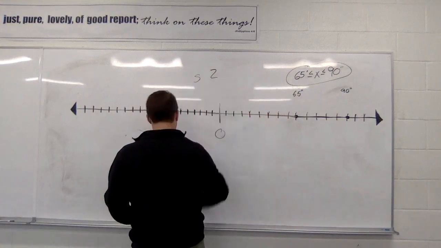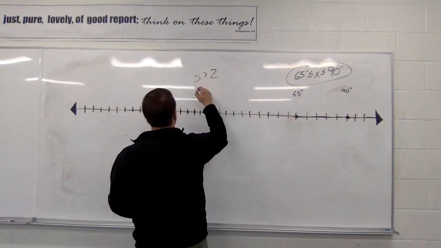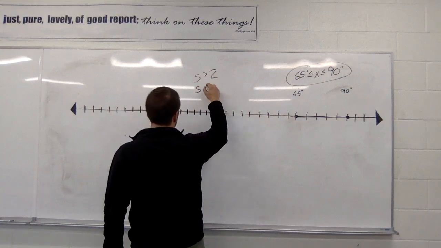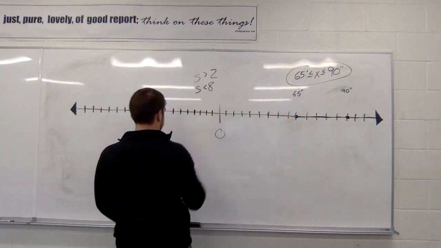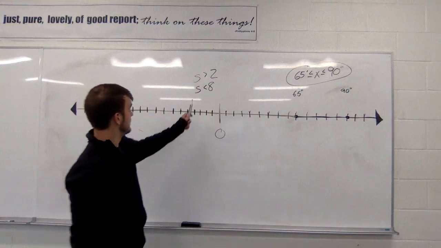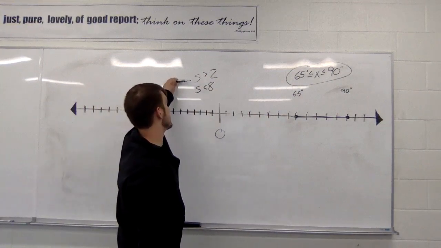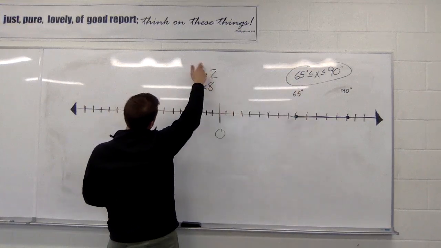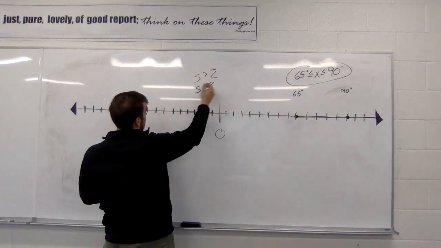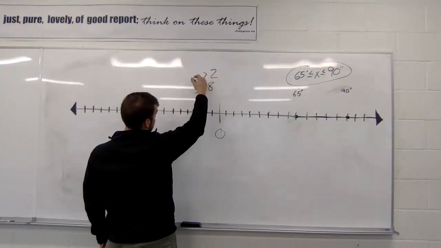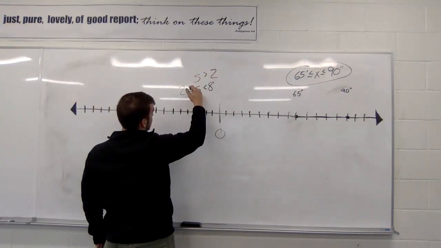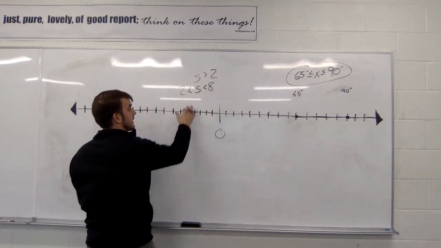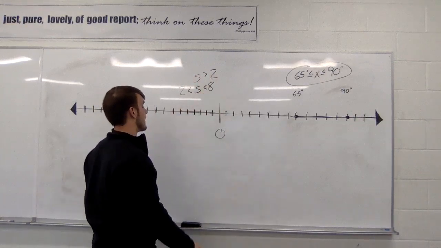So the side of a triangle is greater than 2, and it's less than 8. So the way you go from these two statements to this statement is you just flip this thing around. So this could be read 2 is less than s, and s is less than 8, right?